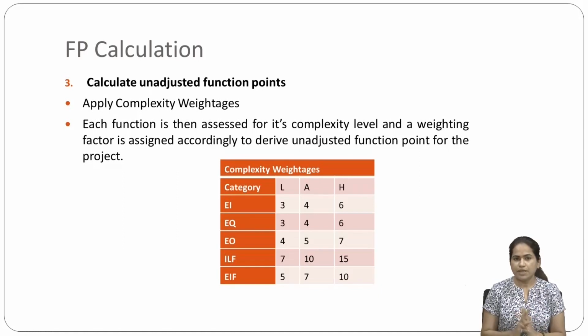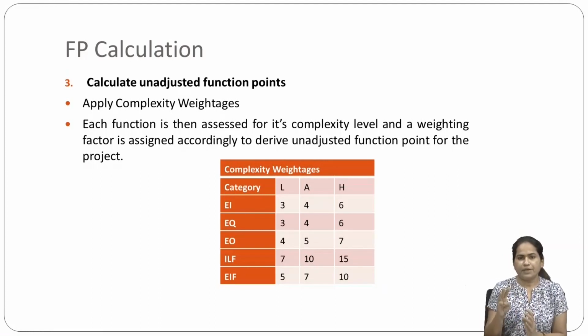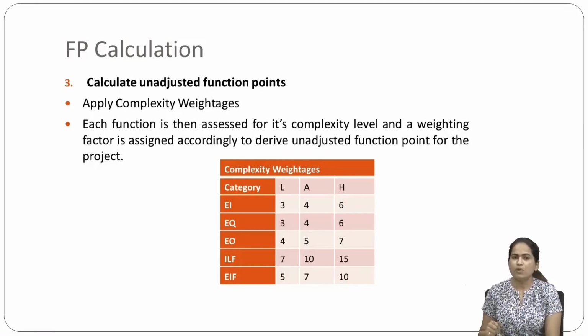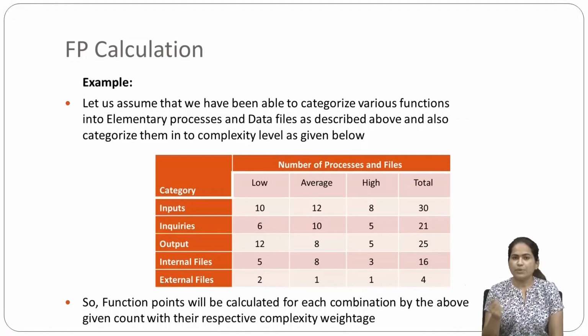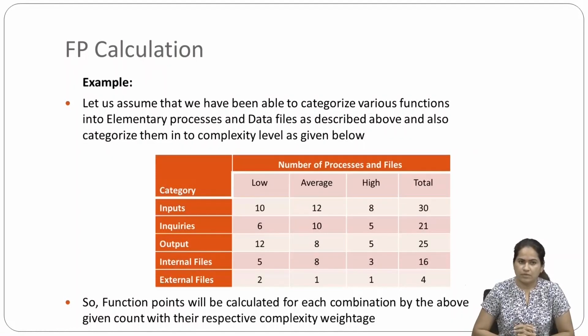Here you can see we have complexity weightages for EI, EQ, EO, ILF and EIF for 3 different categories of complexity: low, average and high. These numbers are weighted complexities, and based on that we are going to calculate the average of this, meaning we are trying to find unadjusted complexity.